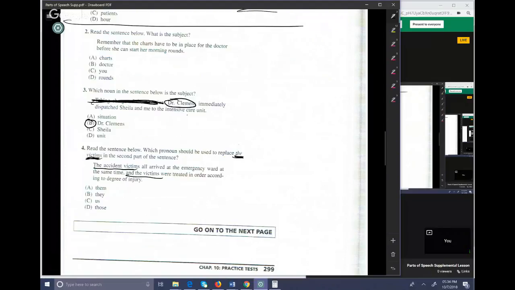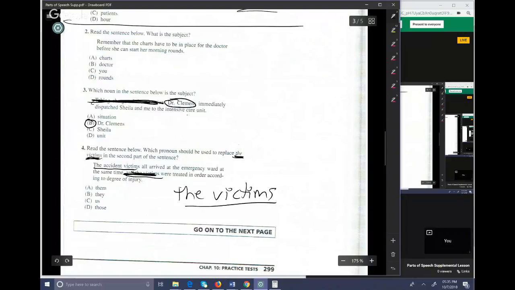So the accident victims all arrived at the emergency ward at the same time, and the victims were treated in order according to degree of injury. So we don't want to say the victims twice. Their question is, what can we replace the victims with here to make our sentence smoother? The victims is a plural word. So there is more than one victim.